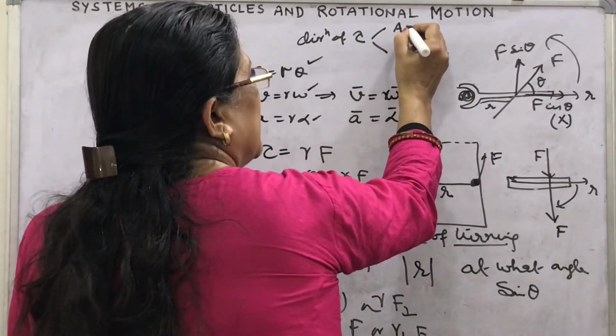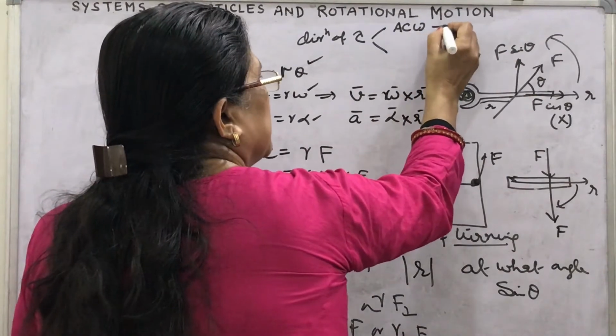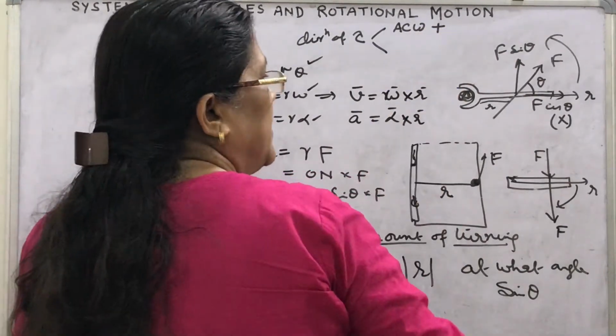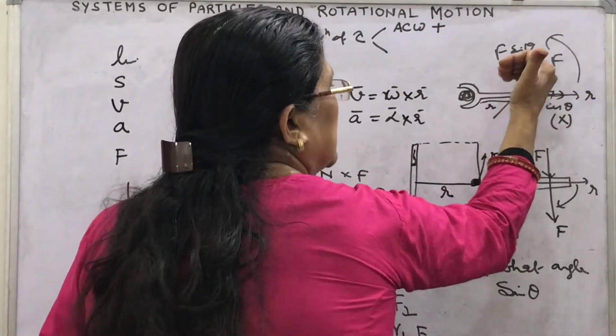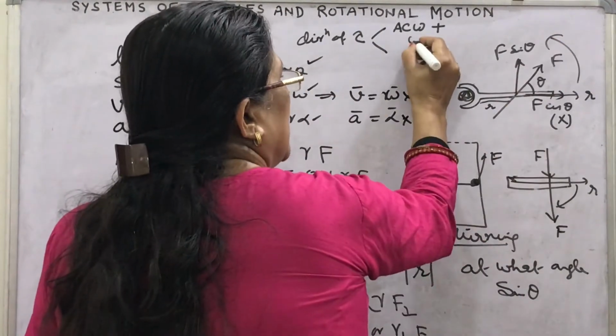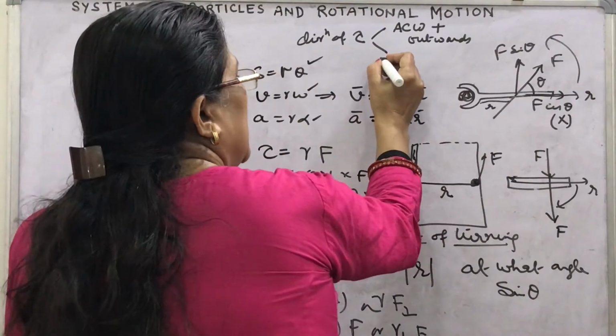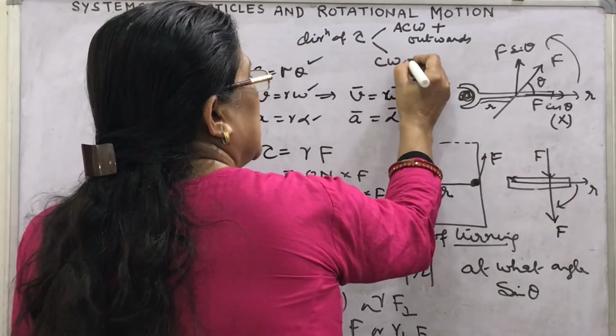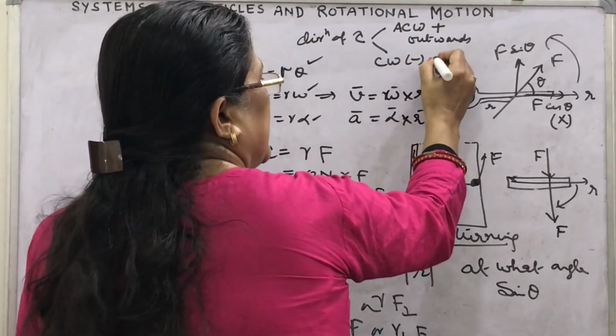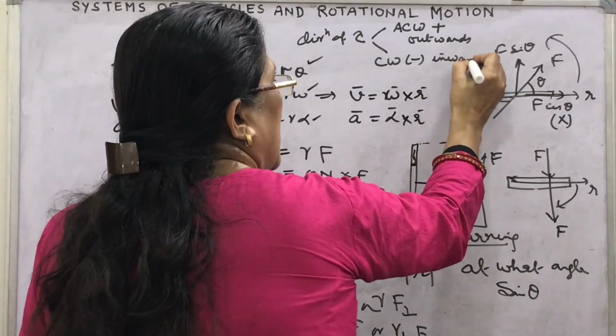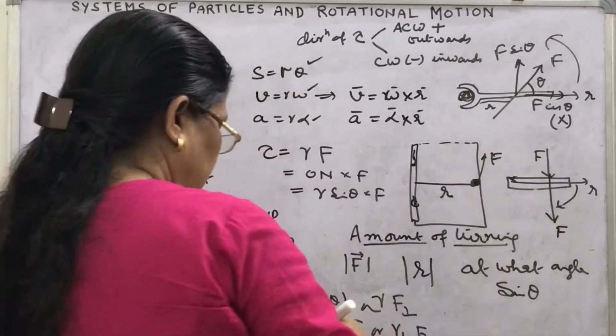One is anti-clockwise, that is positive, and anti-clockwise, look here, you can say outward. Remember, in any of the ways it is given in the question. And the other is clockwise, which is said to be negative, and inwards. I have explained here in this figure.